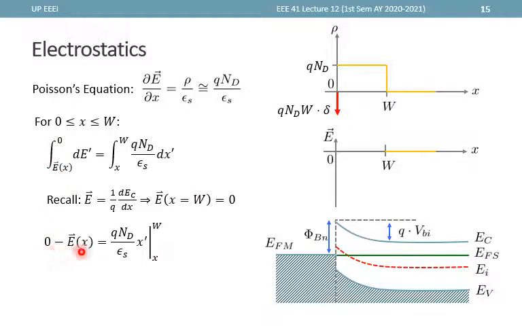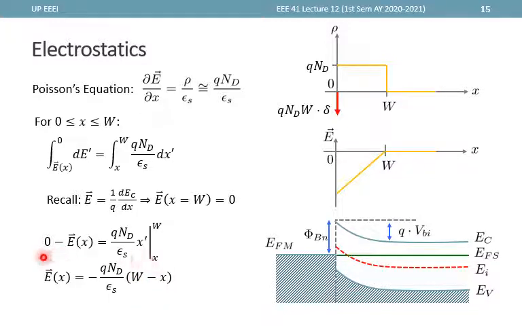That gives us 0 minus E of x. The integral of this one is simply q N_D over epsilon_s times x prime, where x prime is evaluated from W to x. And manipulating that, so the negative sign goes here instead of W minus, and we get W minus x.